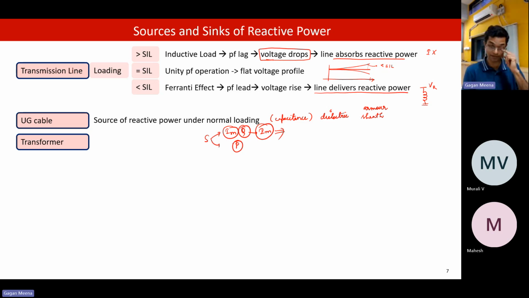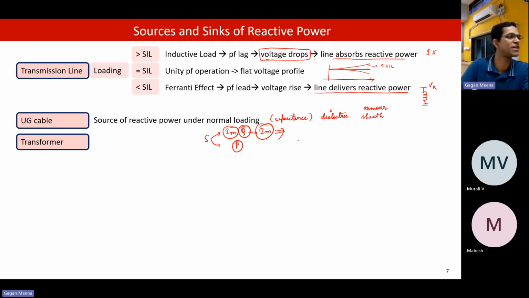The principle of mutual inductance will work, and for that, the reactive power component is required. If it is not there, then we will not be able to utilize the principle of mutual inductance. And without using that, we cannot even transfer the power from the primary side to the secondary side.